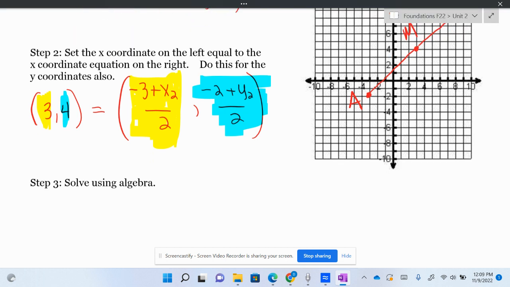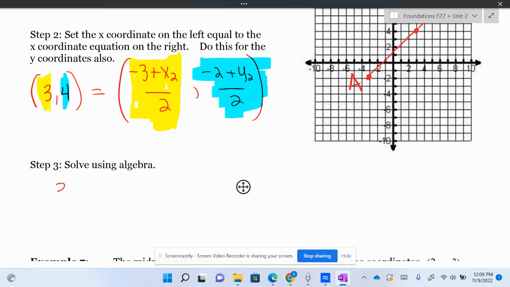So let's look at them independently for a second. I have 3 equals (-3 plus X2) divided by 2. I'm trying to solve for that variable. How do I get rid of the fraction, Antoine? How do I get rid of the divide by 2?